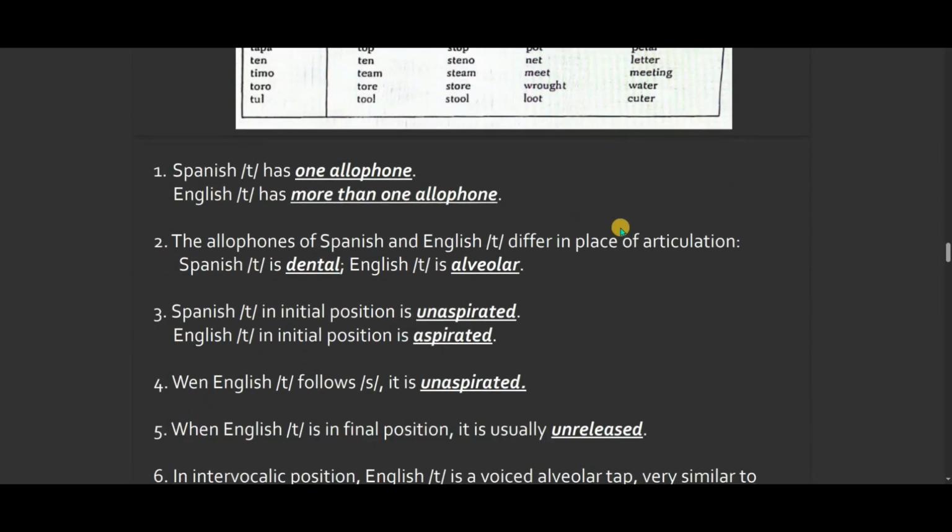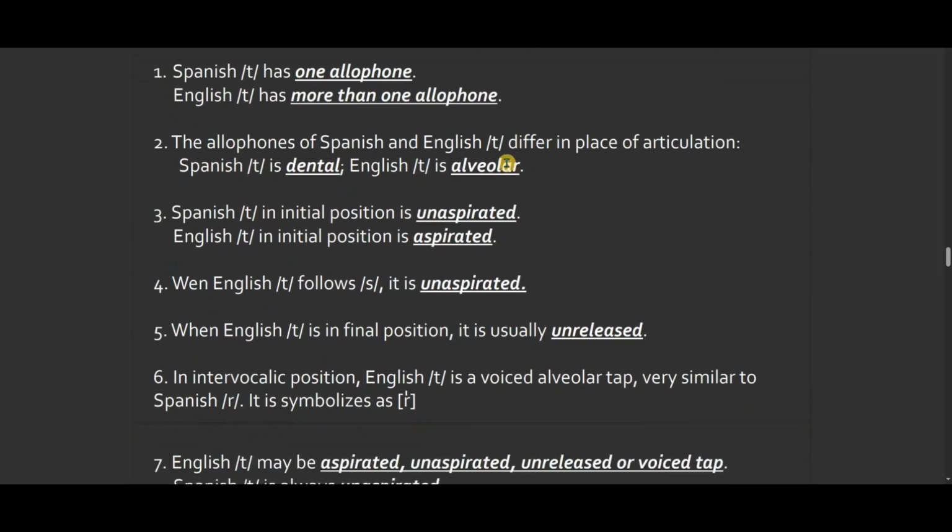So knowing this, we can tell that number one, Spanish T has one allophone, while English T has more than one allophone, four to be exact. Number two, the allophones of Spanish and English T differ in place of articulation.